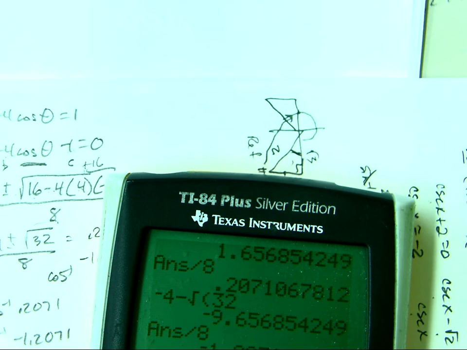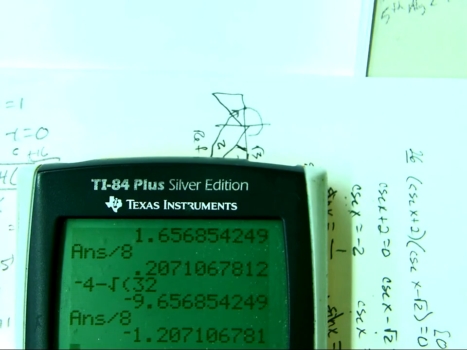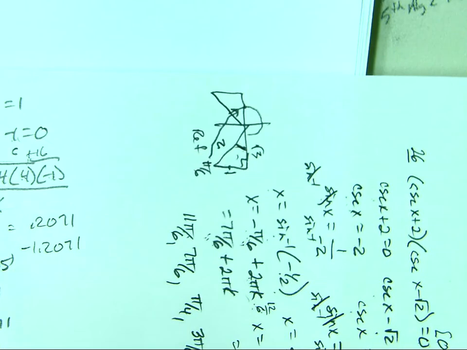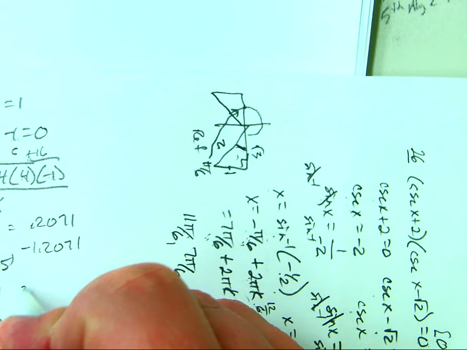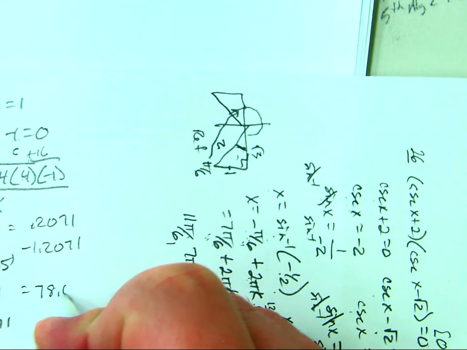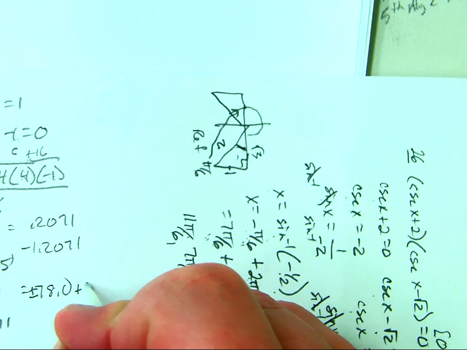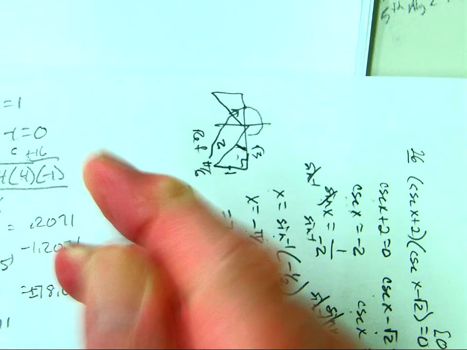So if we do that top one first, if I take the inverse cosine of 0.2071, it tells me it's 78.0 degrees. So this one is 78.0. This is cosine, so we're putting a plus or minus in front and a plus 360k in the back.